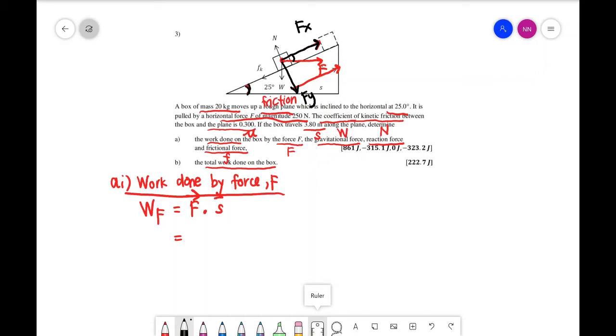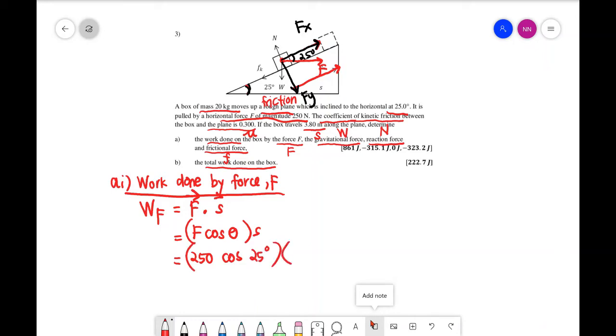So it becomes F cos theta times S. F is 250 cos 25 degree times displacement, 3.8 meter.